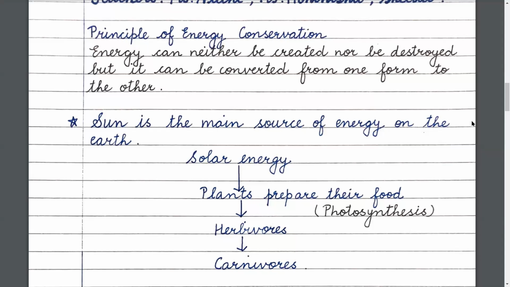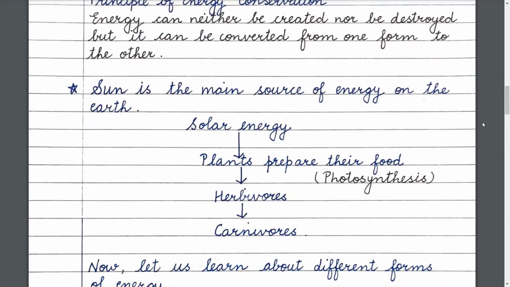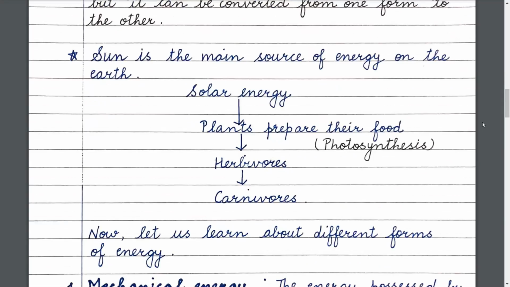We all know that sun is the main source of energy on the earth. Sun's energy is taken by green plants to prepare their food. That process is photosynthesis.